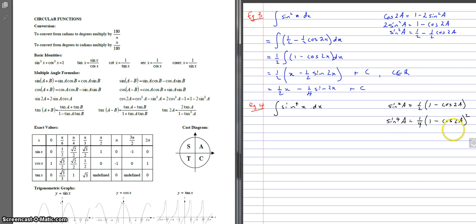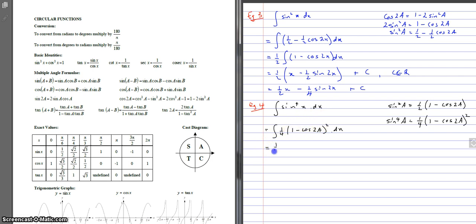And so we're going to utilise that. Let's substitute that in place. So instead of having sine to the power of 4x, we'll have 1/4 times 1 minus cos 2x all squared dx. What we can do here now is square that.